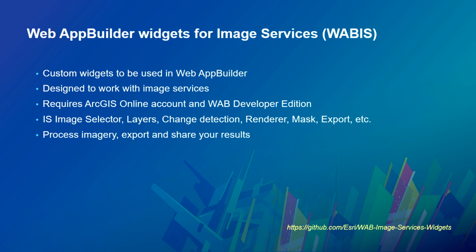The change detection widget allows you to calculate the difference between the primary and secondary layer rasters. The render widget sets the service functions and the stretch on the primary layer, and the export widget allows you to either save the top imagery layer to your content or export the same image locally as a TIFF file.